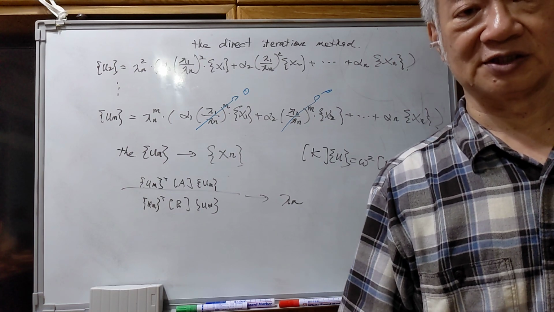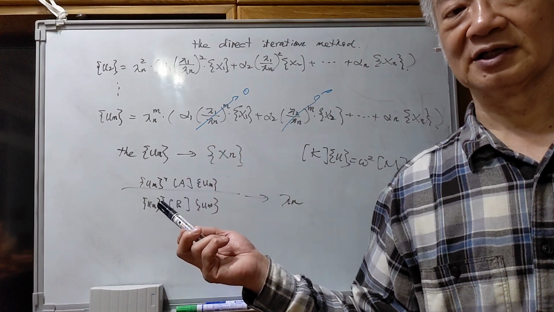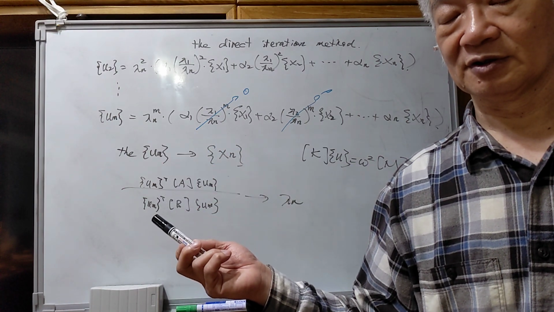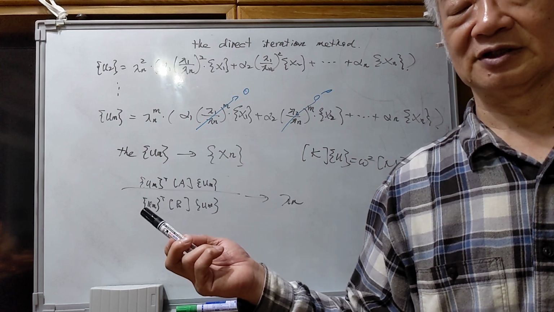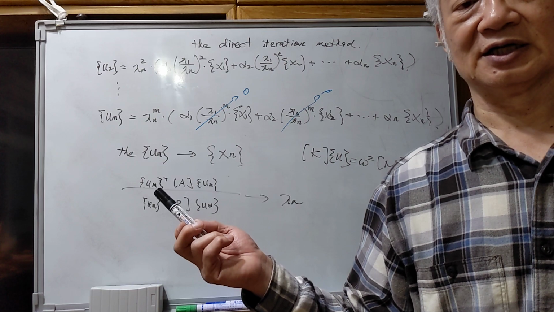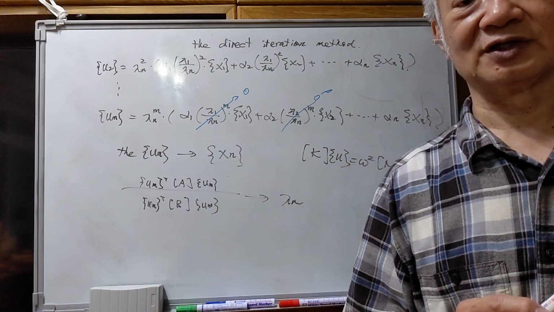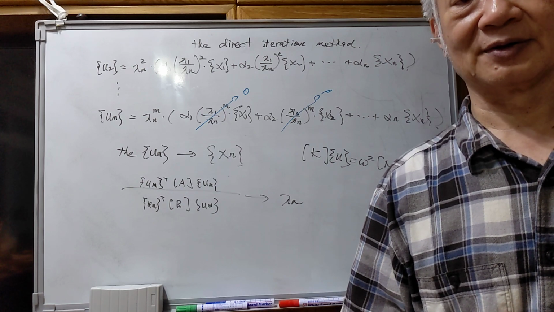Although so far with the power method, either the inverse iteration or the direct iteration method, we can get only one eigenpair.